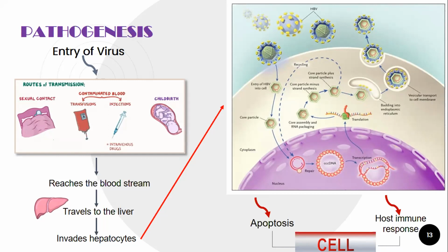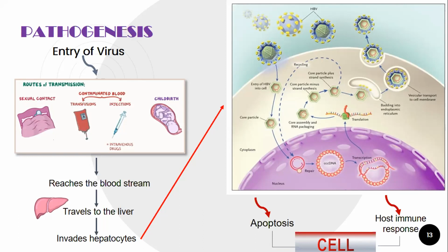Upon entry, the virus reaches the bloodstream, where it travels to the liver, and in the liver it invades the hepatocytes. Once the virus enters the hepatocytes, it makes use of the different organelles within the cell to multiply and undergo viral replication.